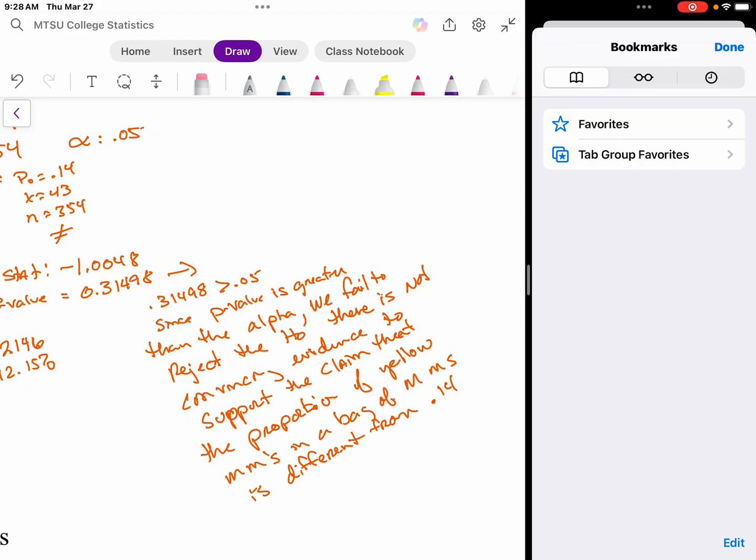Again, based on the sample data that we had there, we do not have convincing evidence that it is different.